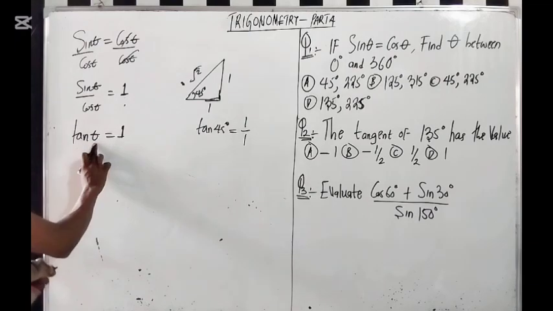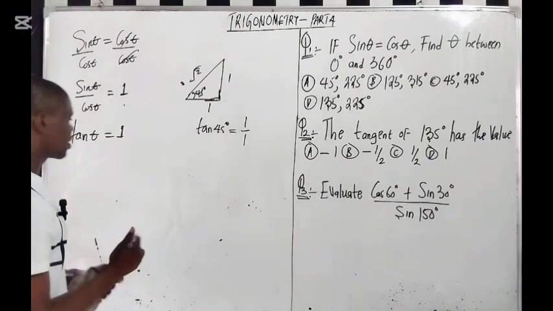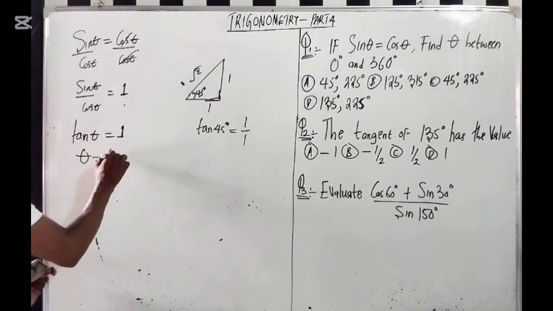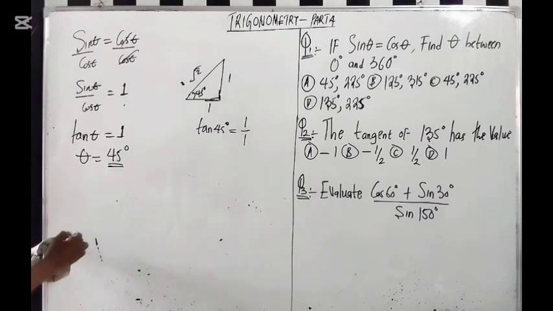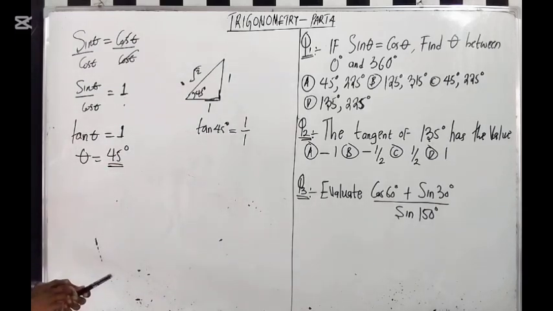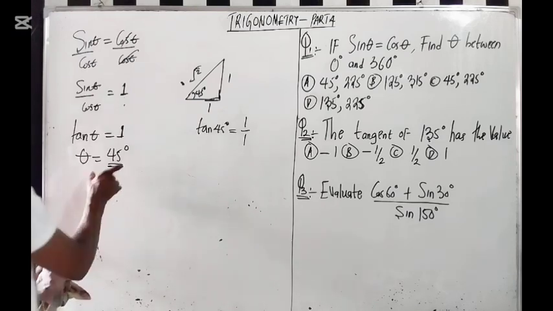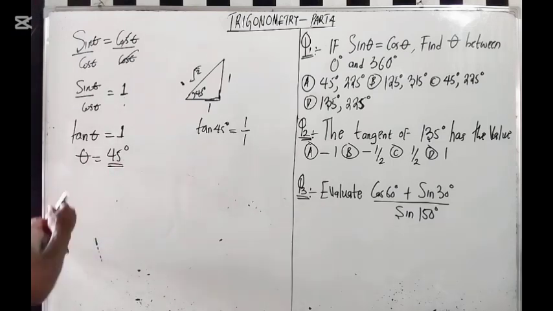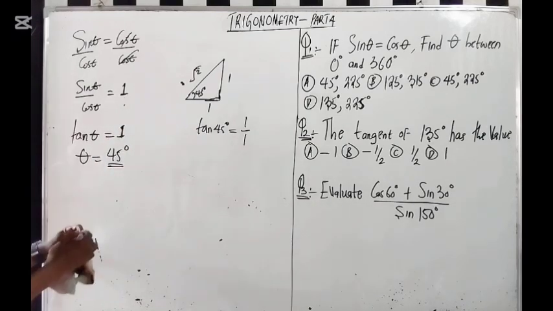That is, this theta you are seeing here is 45 degrees. Hope you understand. So I'm going with my first angle. Then how do I get my second angle, right?